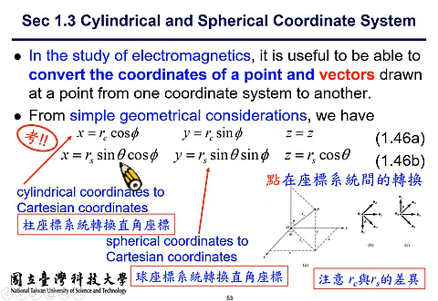So using the projection r sine theta and taking the cosine of phi of this will yield the x coordinate, and the y coordinate will be r times sine theta times sine phi, and the projection on the z-axis will be r times cosine theta.